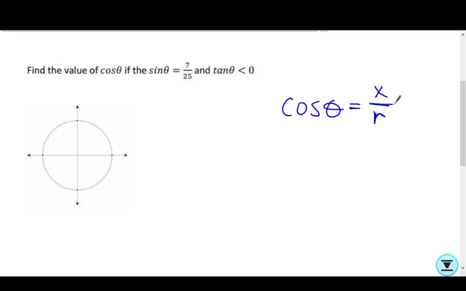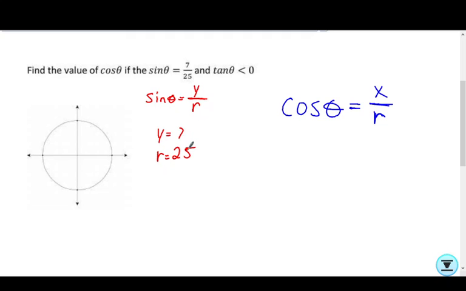But this one, I didn't tell you any of those things. So I did tell you sine though, okay? So sine theta is the ratio y over r. And I said sine theta is 7 over 25. So I know my y value is 7 and r is 25.